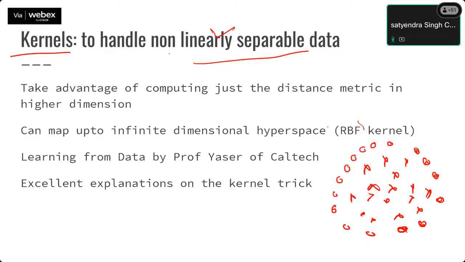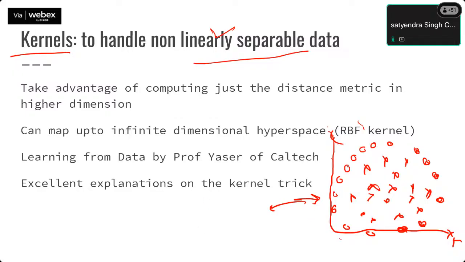Basically, what it does is map your original data into a higher dimensional space and try to come up with a hyperplane that classifies the data into two categories. For intuition purposes, assume this is only two dimensional data, x1 and x2, and it is not linearly separable.